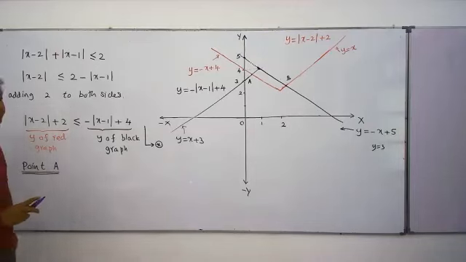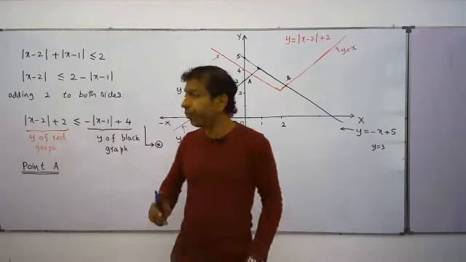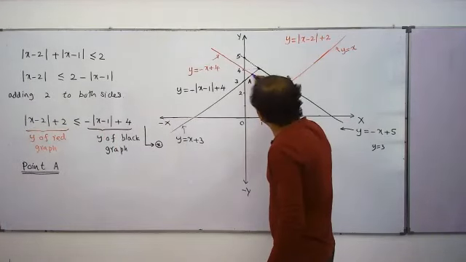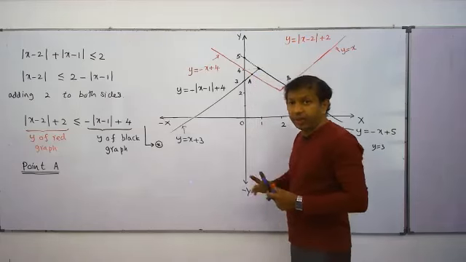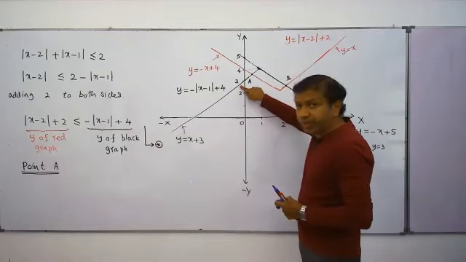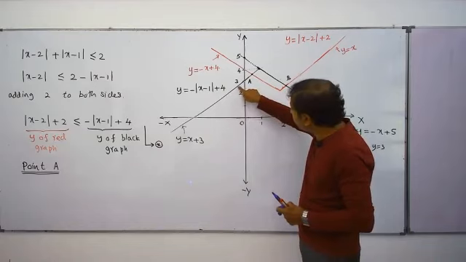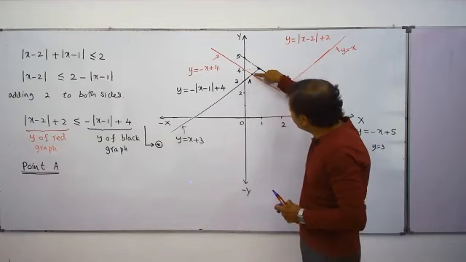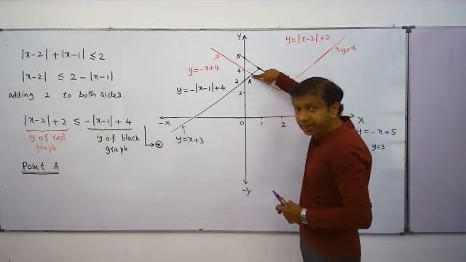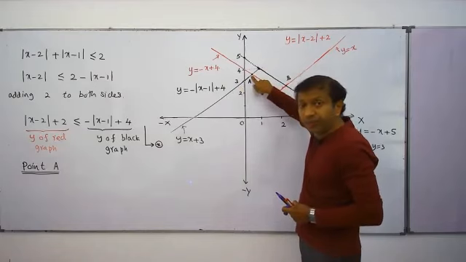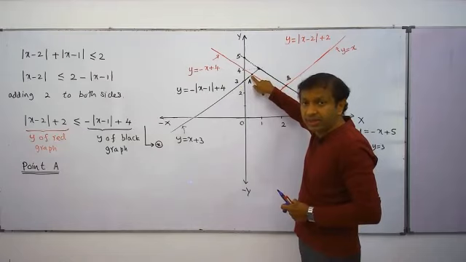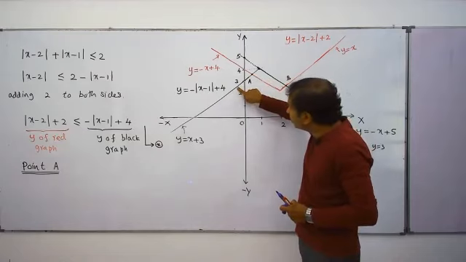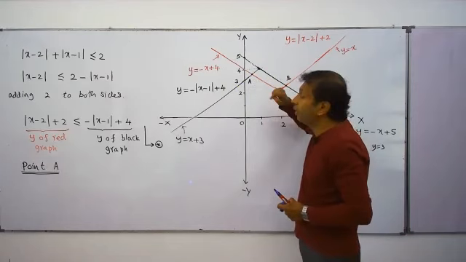Now, this point A is the intersection of this black line and this red line. So if we need to find the x coordinate and y coordinate of this point of intersection, we have to solve simultaneously the equation of this black line and this red line.